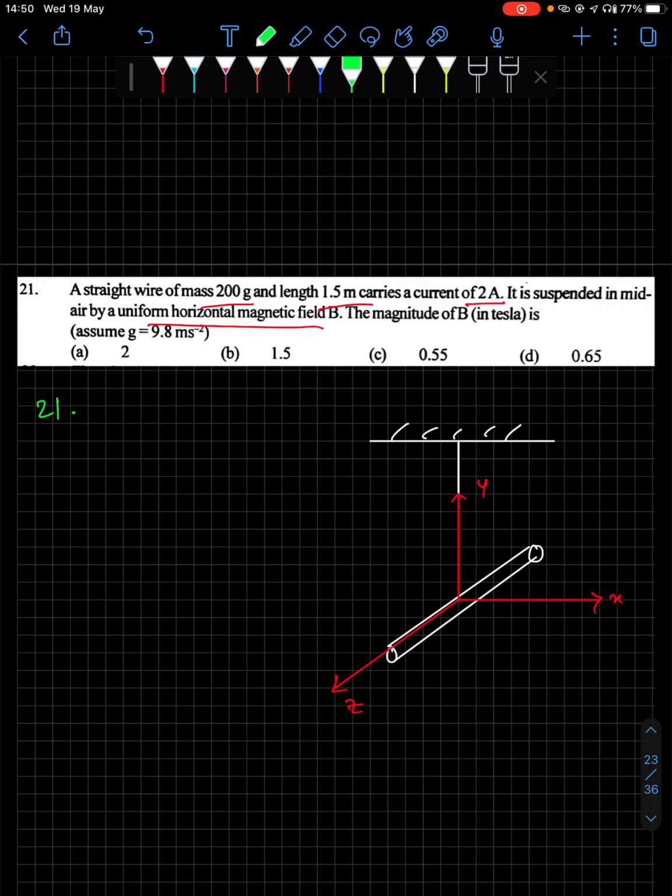Then the current, it is suspended in mid-air by a uniform magnetic field B, right?